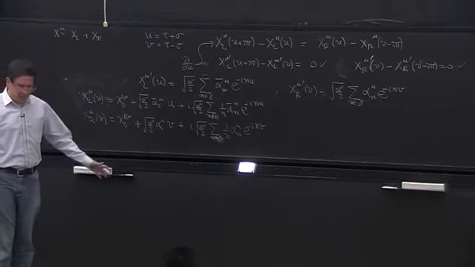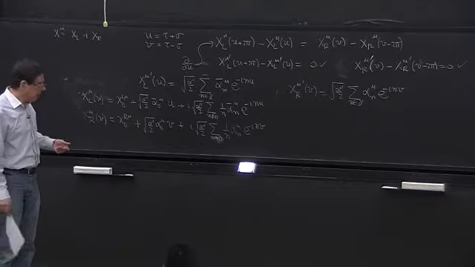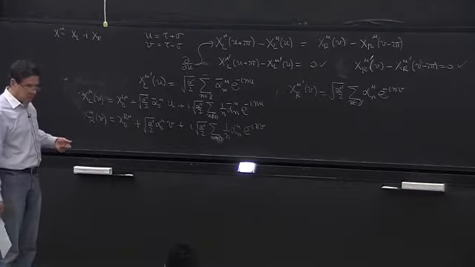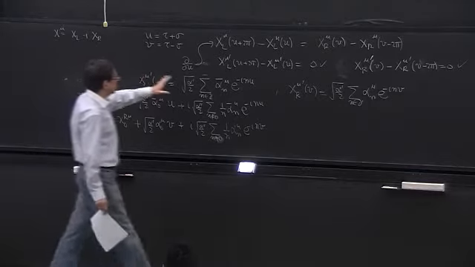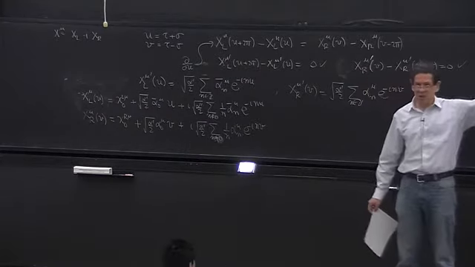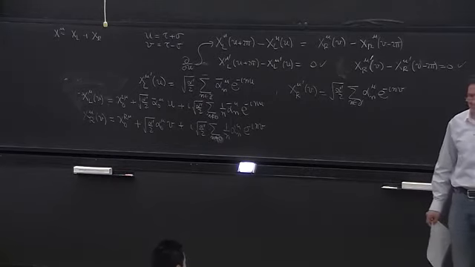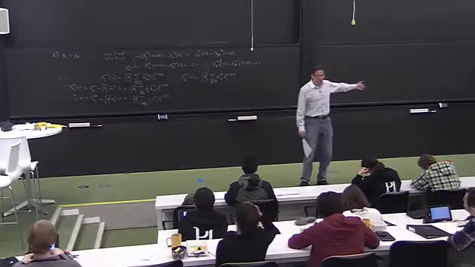Okay, now, yes? Did you repeat that alpha n bar? What is the connection between alpha and alpha bar? There's no connection between alpha n bar and alpha n. They're independent. They're not the complex conjugates of each other, nor the Hermitian conjugates, nor anything. Totally independent.